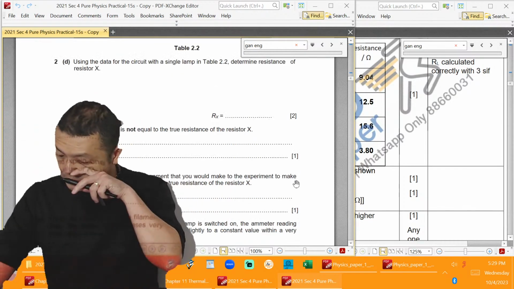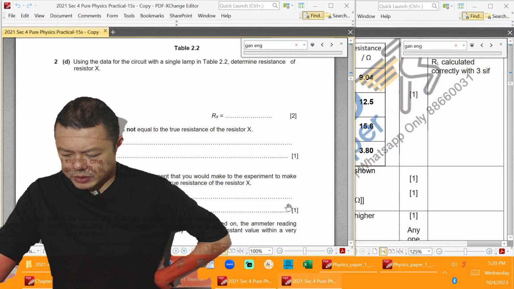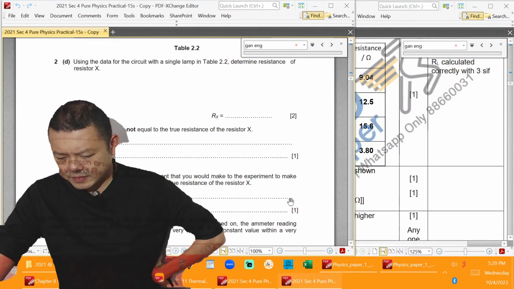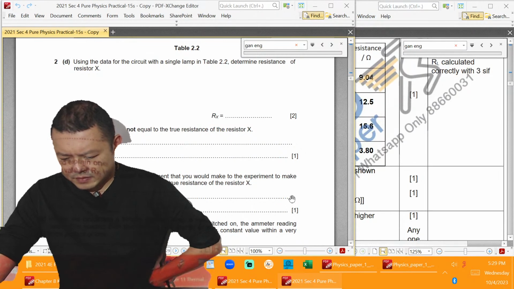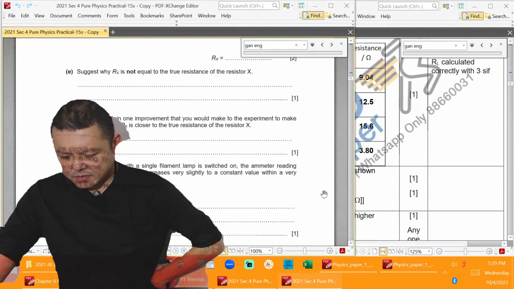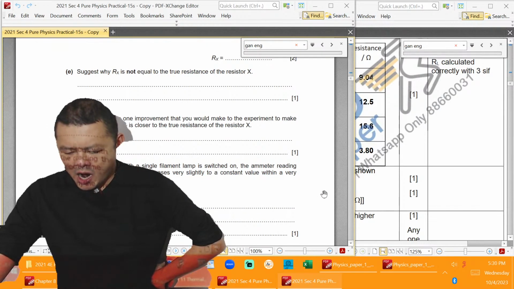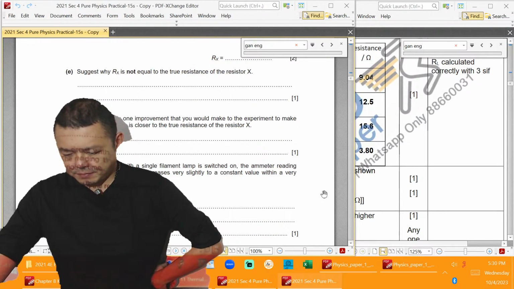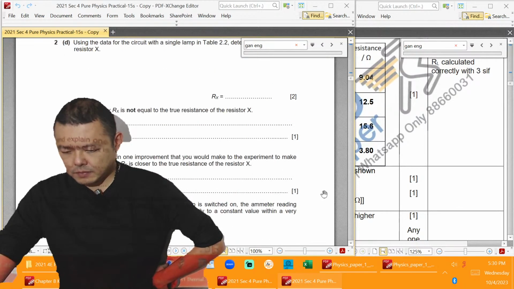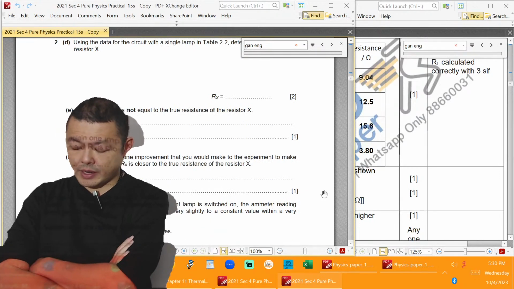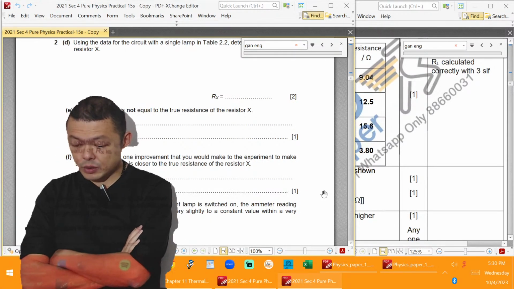This one suggests why Rx is not equal to the true resistance of resistor X. For 2E and 2F, if you have to lose those marks, I guess you can.